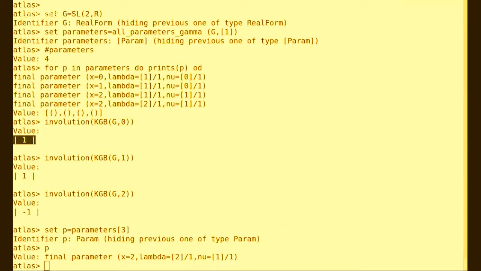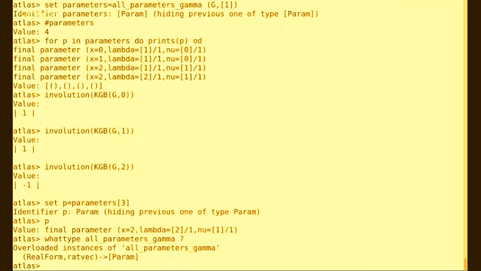Here's a question. In set parameters, is 1 equal to rho by default? Okay, so Emil asked about all parameters gamma. Let's do a what type of all parameters gamma. You hand it a real form and a rational vector. So the rational vector is the infinitesimal character, and so I was doing this.